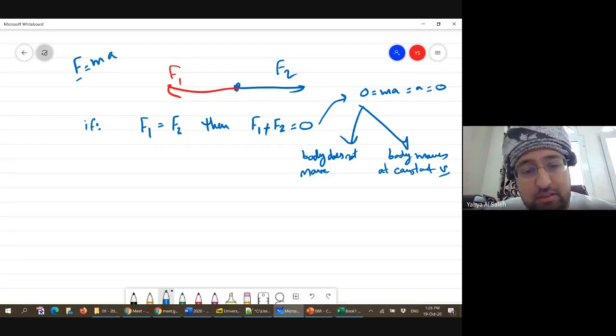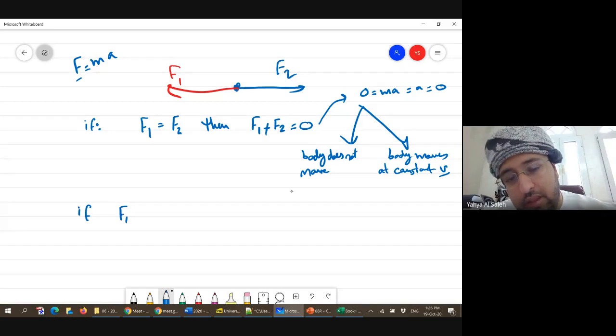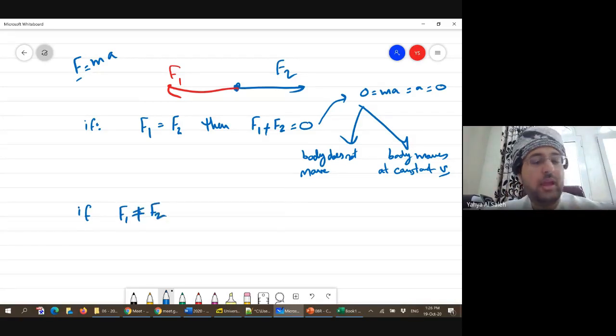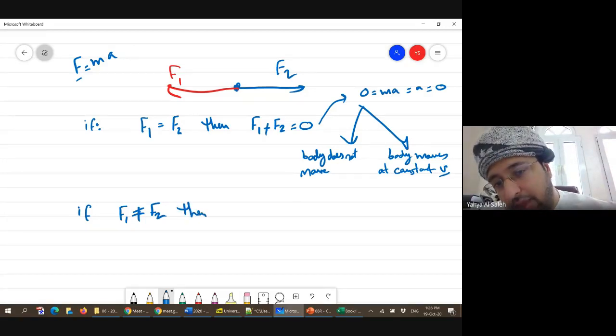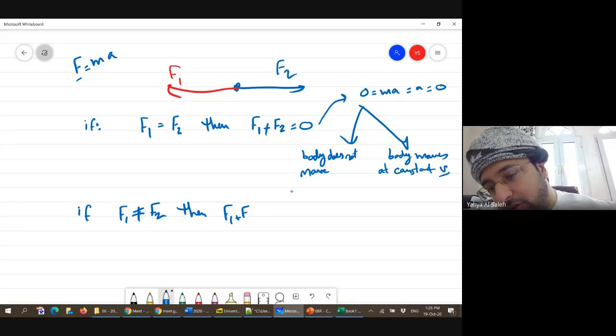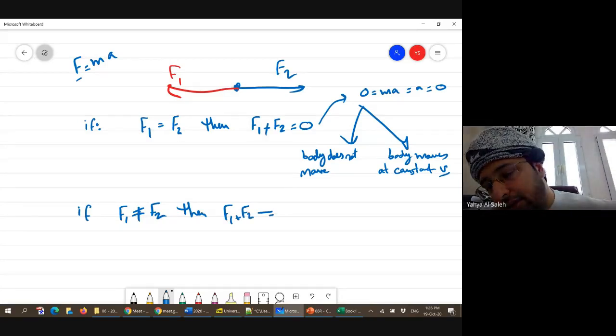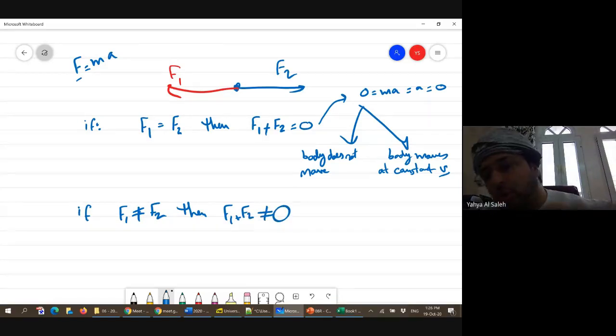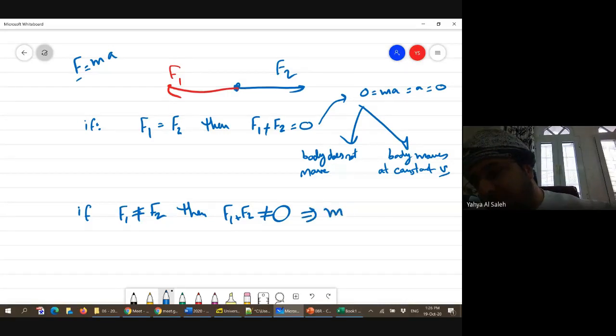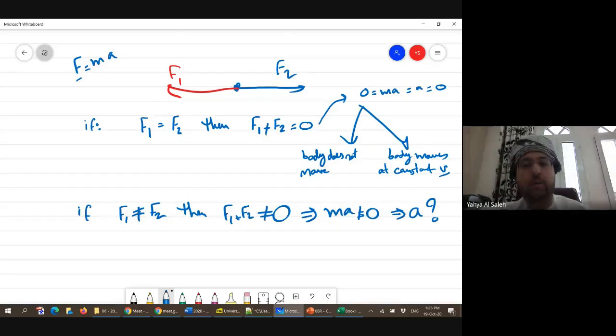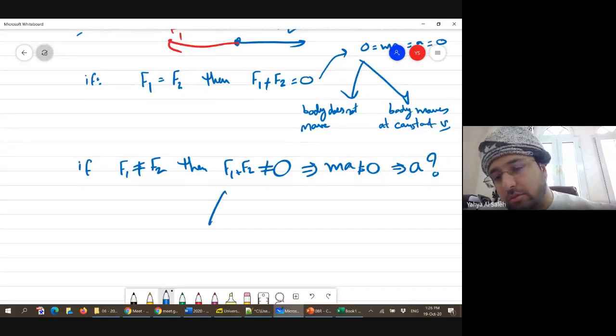But we have another case. If F1 is not equal to F2, then F1 plus F2 is not equal to 0, which means that MA is not equal to 0, which means we have an acceleration. Now, again, we have two options.